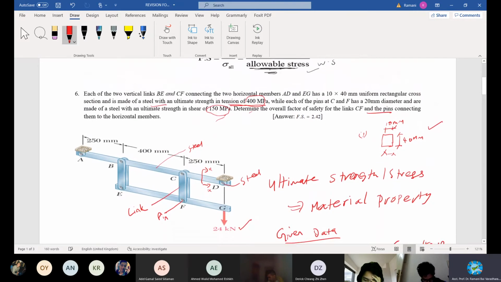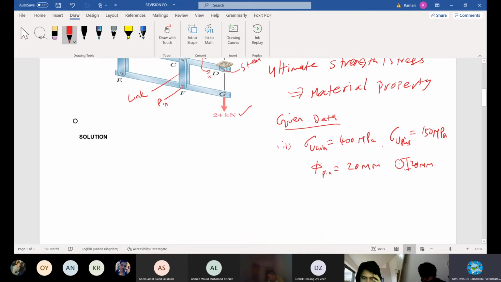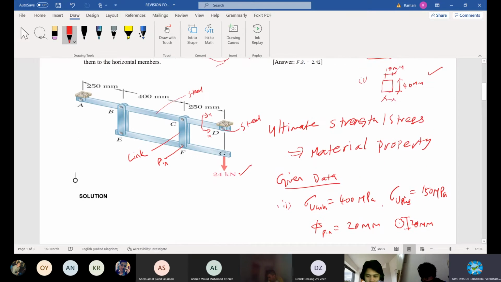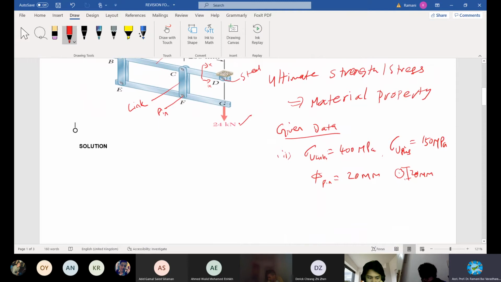What else? Connecting horizontal members. Okay, these are the conditions given to you. You need to solve for factor of safety for these two, right? Required answer, you also can write the required answer so that you can have the solution done properly.